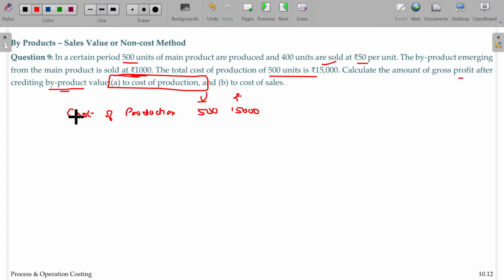This value of byproduct will be adjusted here. Sale of byproduct, how much? 1,000. This gives the net cost of production.